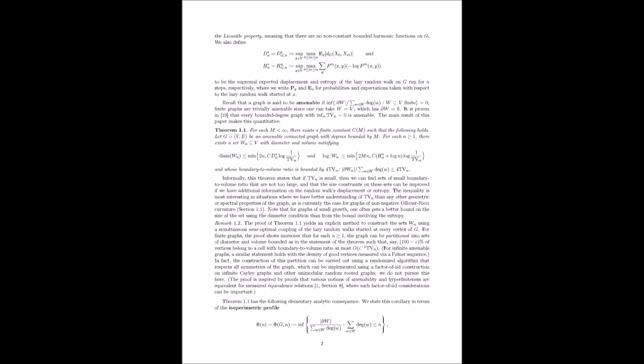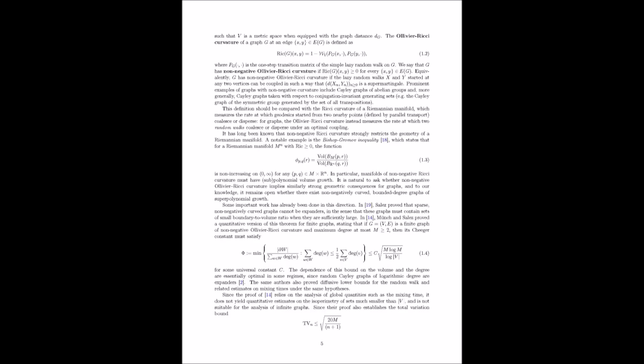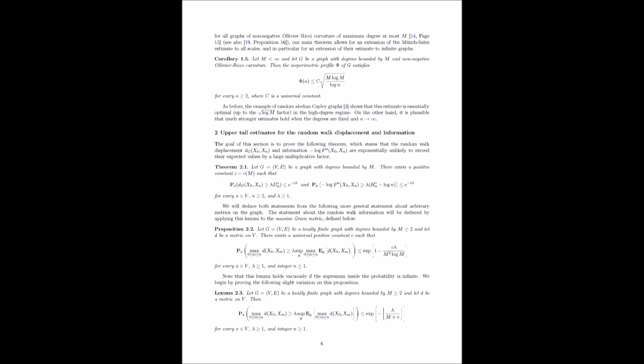This provides a deeper understanding of how the random walk's behavior is constrained by the underlying geometry of the graph. So these seemingly abstract concepts of random walks and information content are actually deeply tied to the geometric structure of the graph, as measured by this massive Green metric. Exactly. It's a beautiful illustration of how seemingly disparate concepts in mathematics can often be connected in surprising and profound ways.